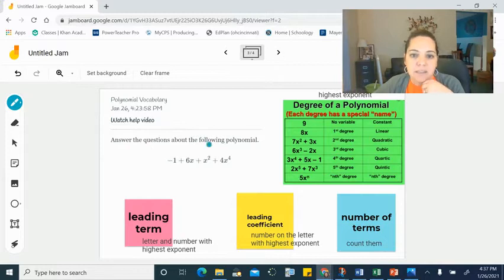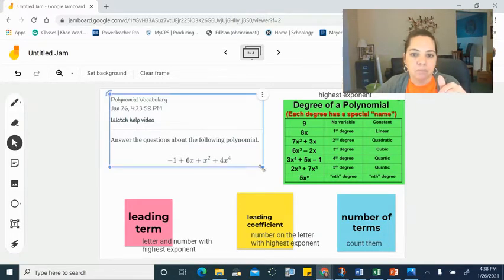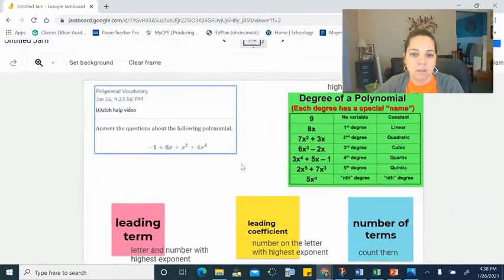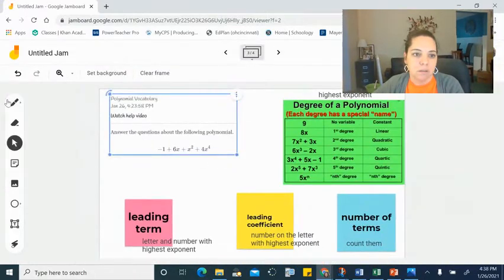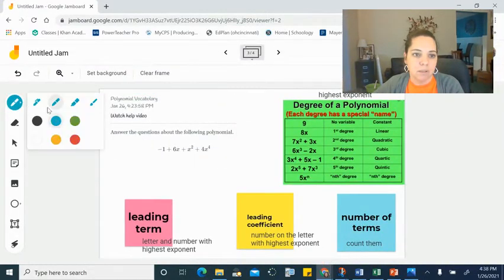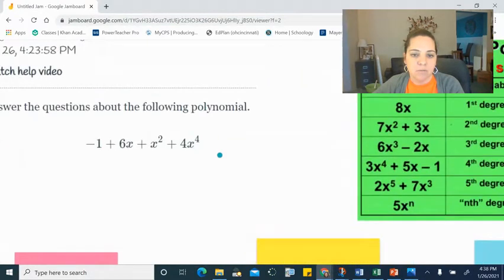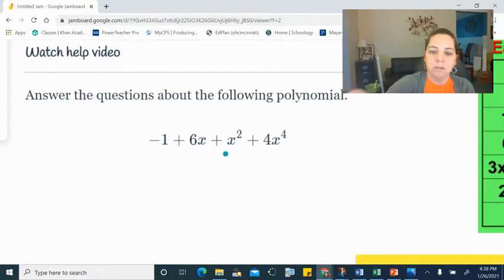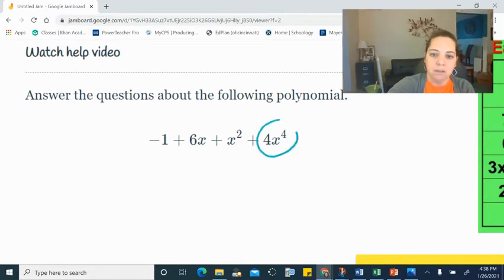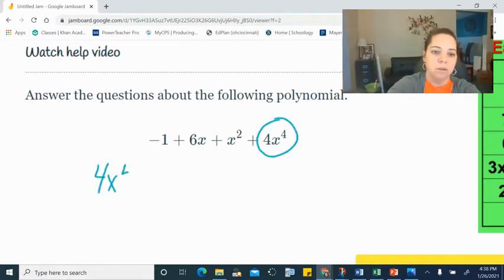Okay. The next thing that I want us to talk about is the different polynomial vocabulary pieces, and there are lots of things to talk about with this guy. First of all, before we do anything else, let's go ahead and put it in standard form. So let's do that real quick. In standard form, which one is the highest exponent? It's this guy. So that guy is going to go first, 4x to the 4th.